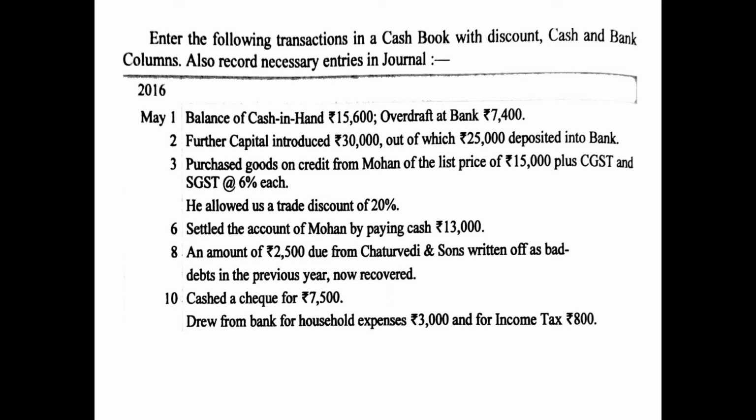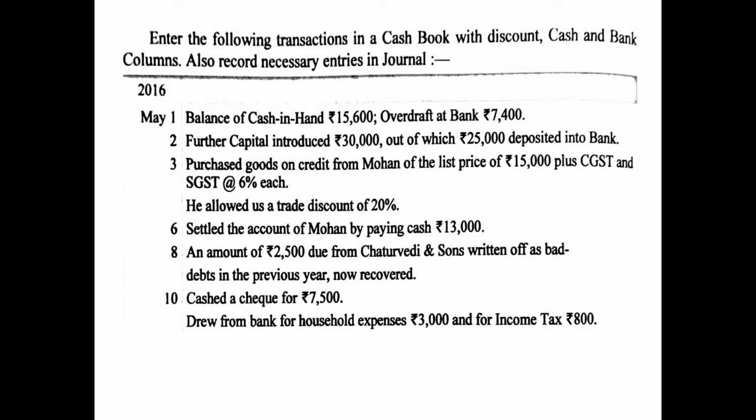Now the question is saying you are settling the account of Mohan by paying cash 13,000. That means 440 rupees is the amount of discount received because you are making the payment. So the May 3rd transaction will not be recorded in the cash book because it is a credit transaction, but the May 6th transaction you will record on the payment side as by Mohan.